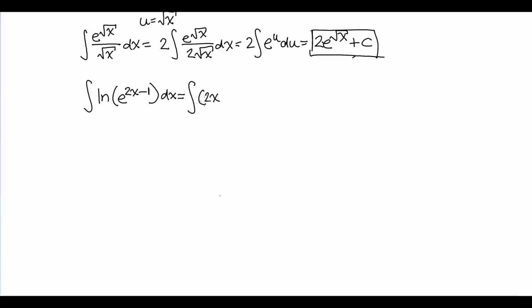So you don't actually do any e to the whatevers in this problem, since this just equals 1. And now this becomes an easy integral. You have 2x squared over 2 minus x, or x squared minus x plus c.